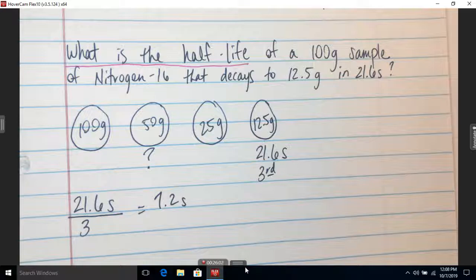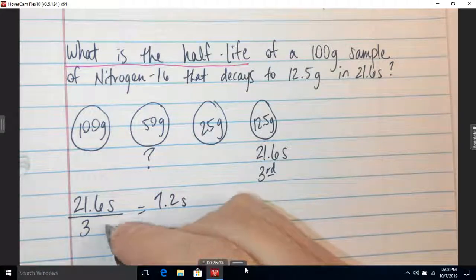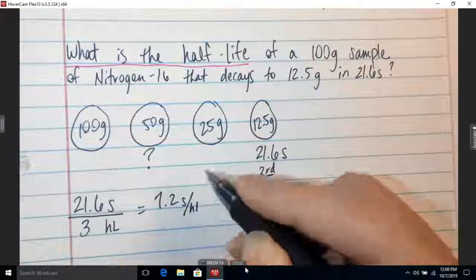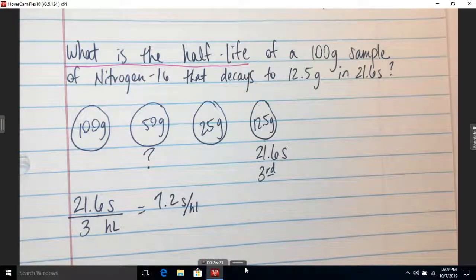Does that make sense? It's actually 3 half-lives, and it's going to be 7.2 seconds per half-life for every half-life. Okay?